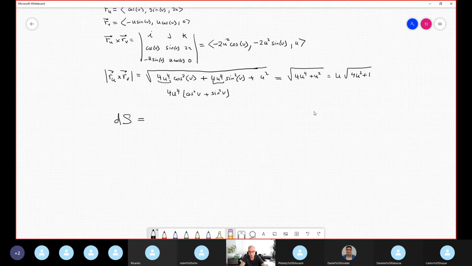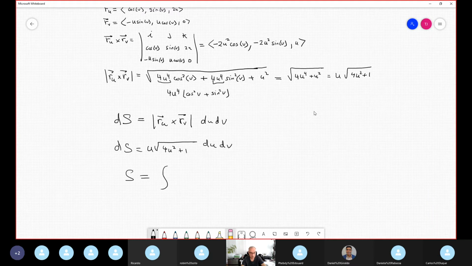We don't need to compute flux. It equals this. Let me copy the general formula: magnitude of Ru cross Rv du dv. So in our specific example it is the square root of 4u square plus 1, times u, du dv.